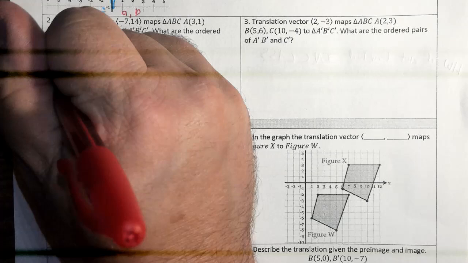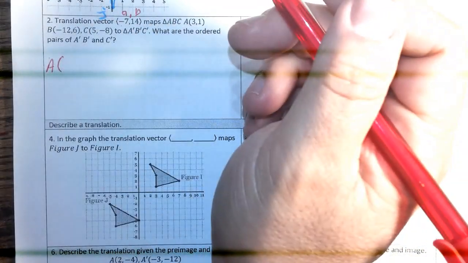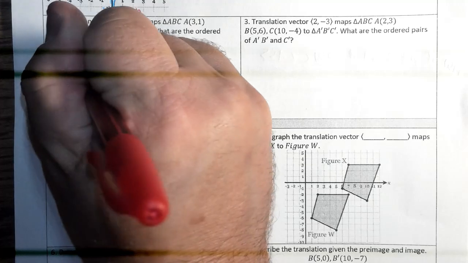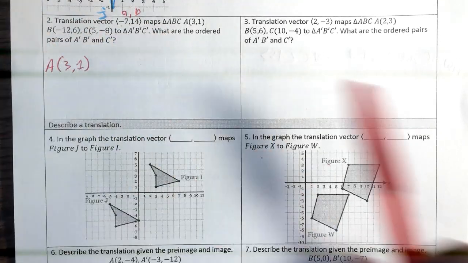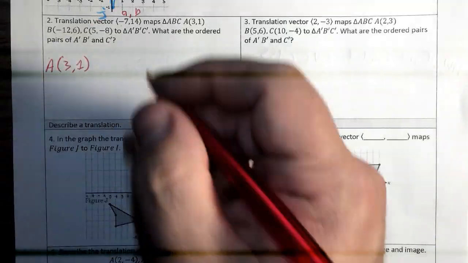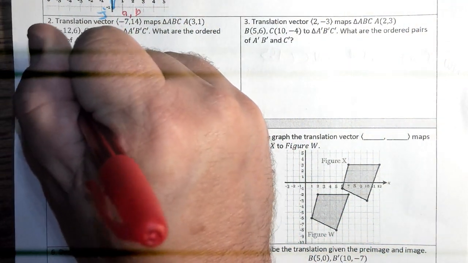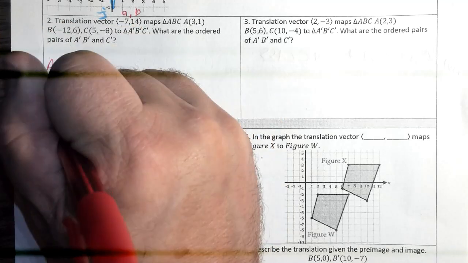So the first thing we need to do, let's get this down here. I'm going to write each separate line in different colors. So A is 3, 1. B is negative 12, 6.